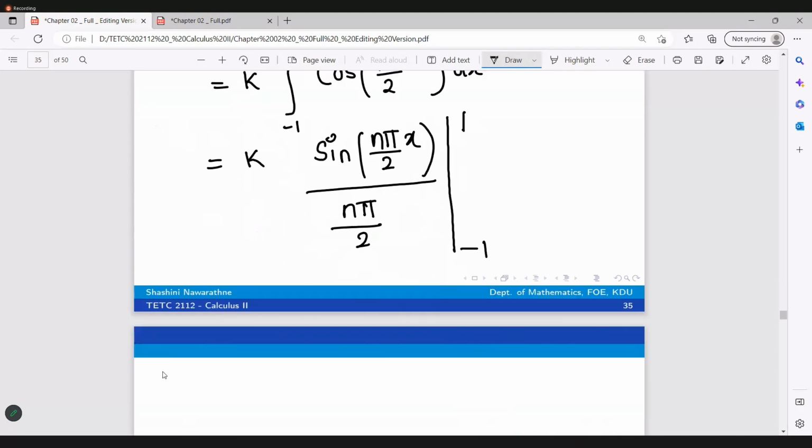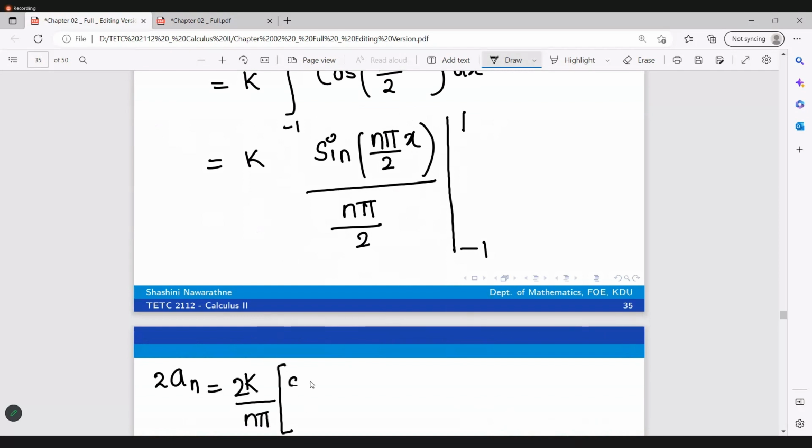So we have the expression 2 times an is equal to k times... We can write this as, we have to replace x by 1. Since this is a constant, we can bring this out in pi over 2.